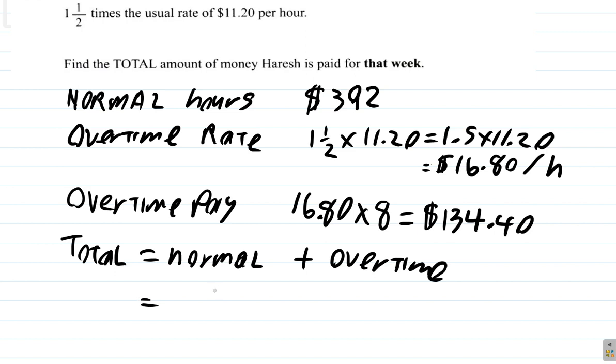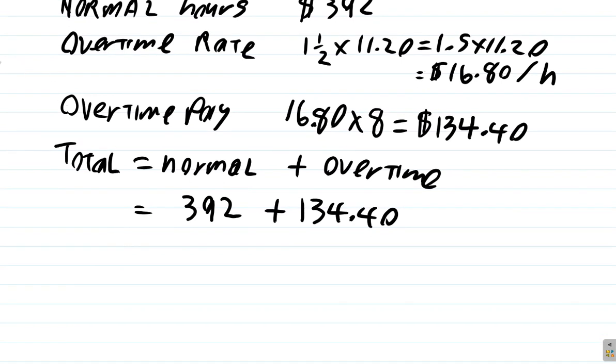So the normal pay is $392 plus the overtime pay is $134.40. So you must add these to get the total. You could use a calculator if you want.